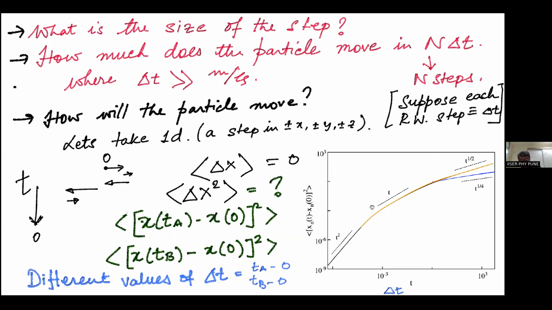So displacement square is going as t only here. Here is where you get your random motion, well above this Smoluchowski and other, whatever, Fokker-Planck. Never mind. Here it shows t to the power half and t to the power 1/4. Ignore it for the moment. These are more complicated effects.